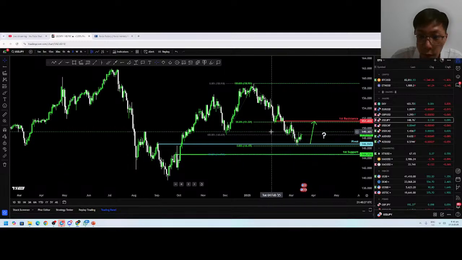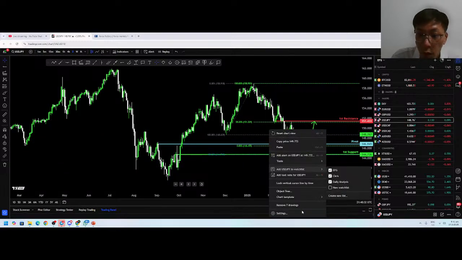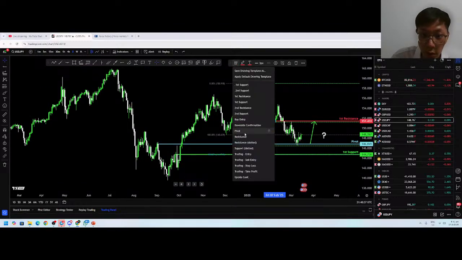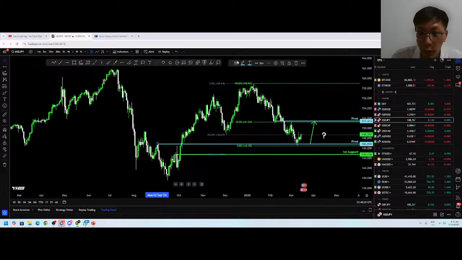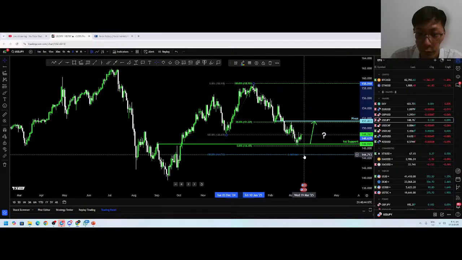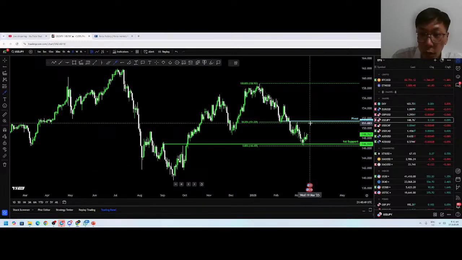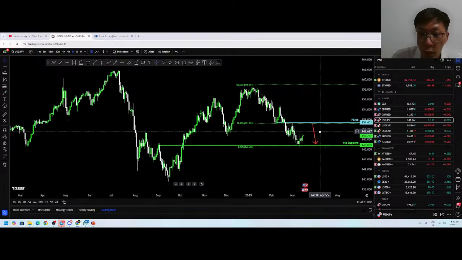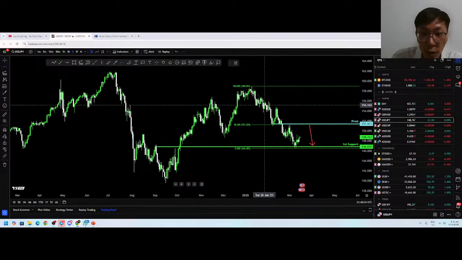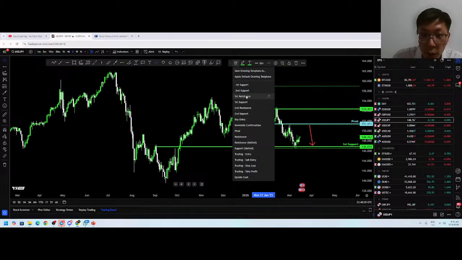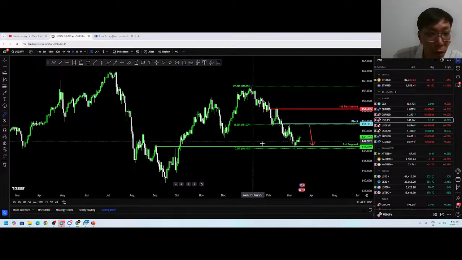I think ideally what we might want to look at is, we have already missed this, so let's change this to our pivot point, this to our support. Then this is our resistance level over here. I think this makes more sense because we have already missed it, and it's quite a lot of pips.